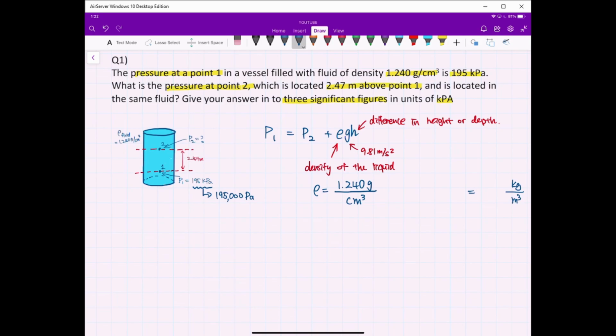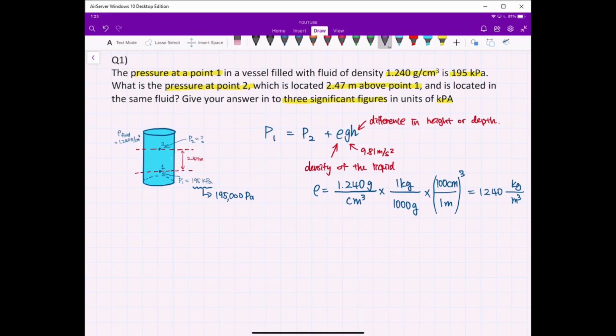So we need to multiply the conversion ratio, which is 1000 gram is a kilogram, and 100 centimeter is a meter, but we have 3 of those, so we need to cube it. After you do the calculation, you'll have 1240 kilogram per meter cube.